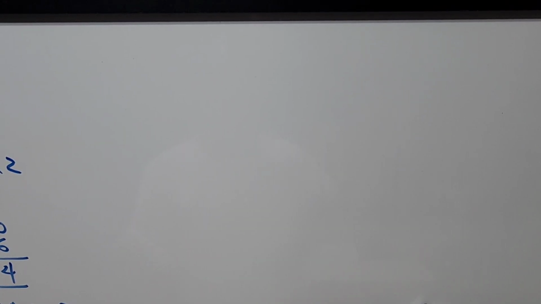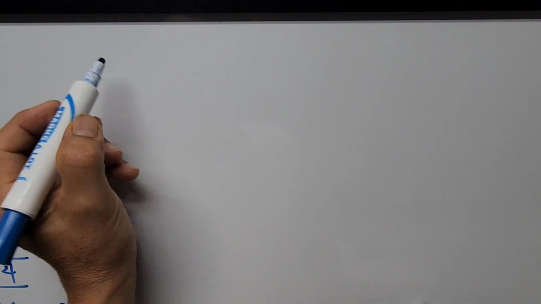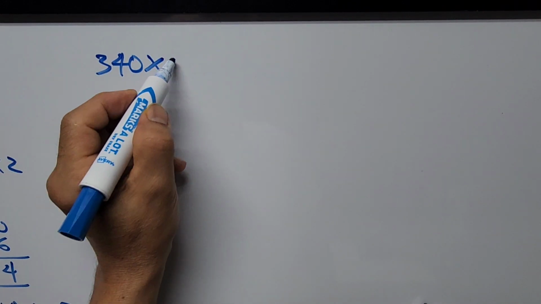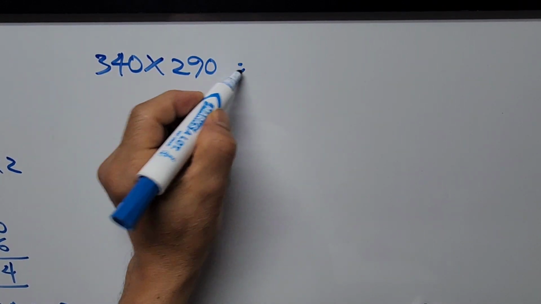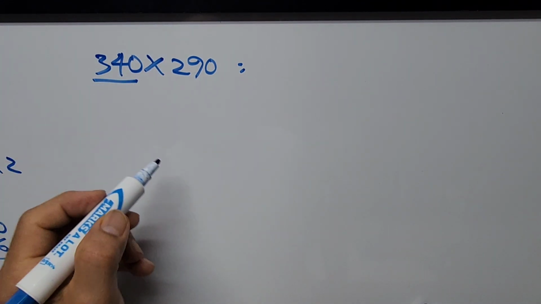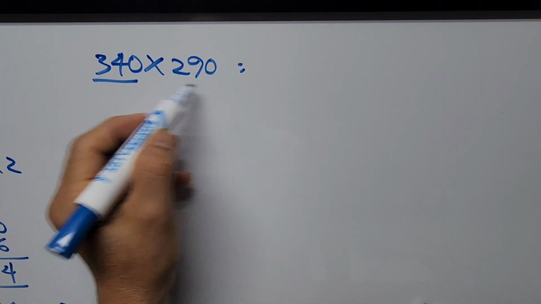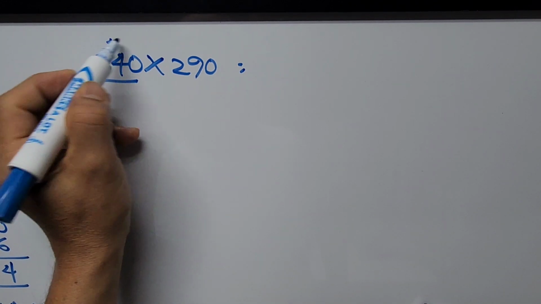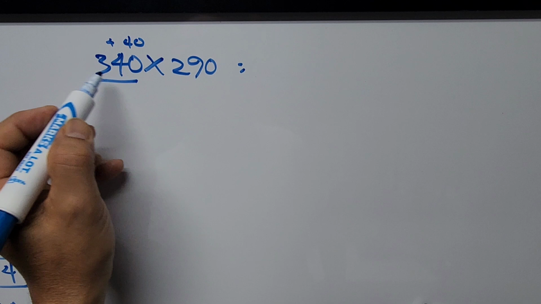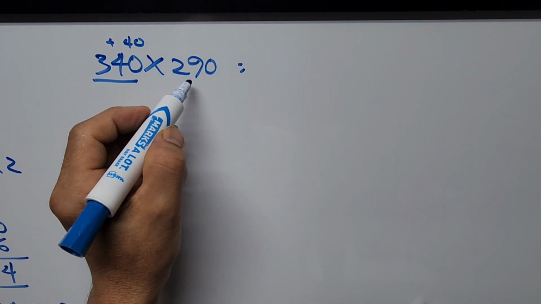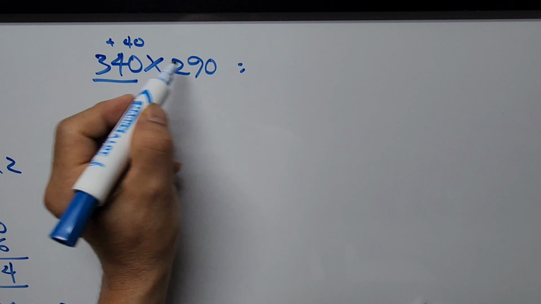Let's say 340 times 290. So now our base is 300, right? And 290 is close to 340. So this is 40 points over 300. So that's plus 40. And this one right here is 10 points below 300.